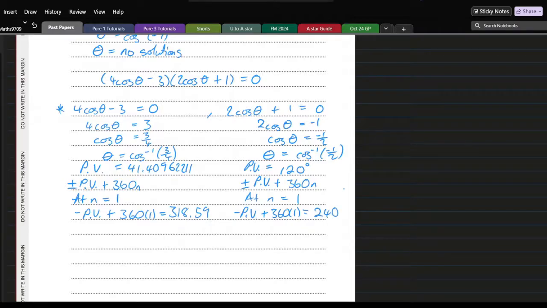So we can conclude that we've got 4 solutions. Theta is equal to 41.4 degrees, our principal value is also a solution, and we've got 120 degrees, we've also got 240 degrees, and then finally we've got 318.6 degrees, and that there is our final answer.